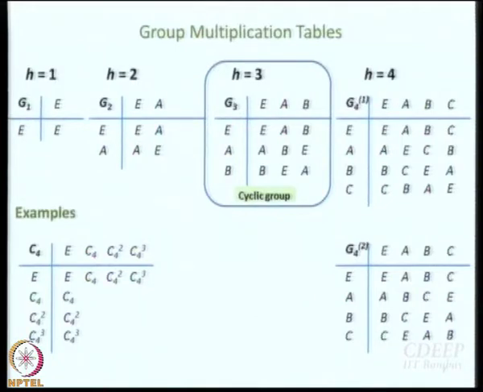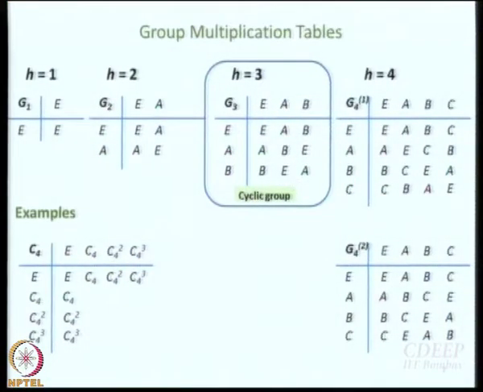Work out the second row: C4 C4 is C4 square, C4 square C4 is C4 cube. What is C4 cube? The last one. C4 cube C4 is E, and similarly you can work out the second column also: C4 C4 square, C4 cube, C4 C4 cube, E.